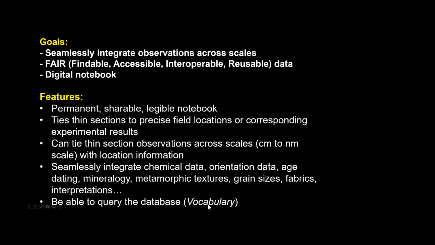Then this last point here is really important. We want to be able to search other people's thin section observations so that we can quickly compare between samples from different localities. And this, like you just talked about in the groups, is where the vocabulary becomes really important.